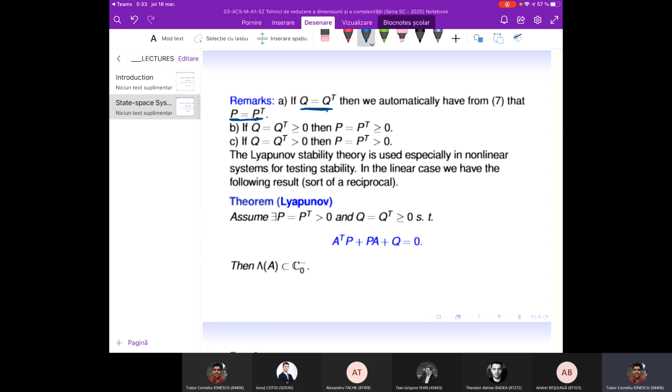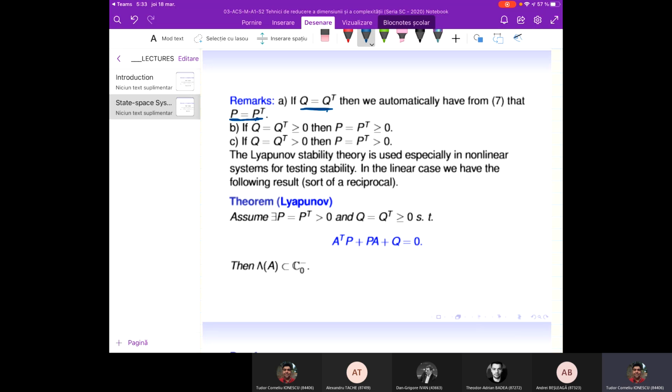Assume there exists a symmetric and positive definite matrix P and Q, such that P is the solution of the Lyapunov equation A transpose P plus PA plus Q equals 0. To reformulate equivalently, assume that the Lyapunov matrix equation A transpose P plus PA plus Q equals 0 has a positive definite solution.